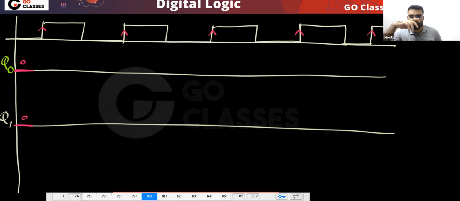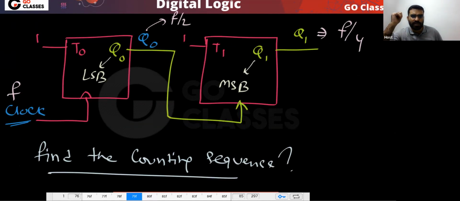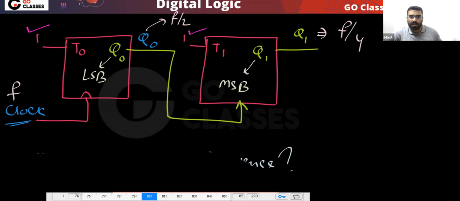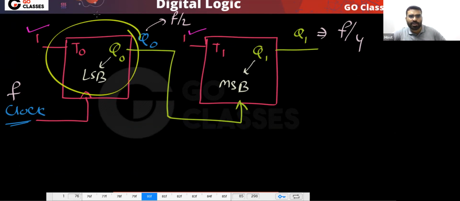But tell me, when will Q0 change? Remember T0 is connected to 1 and T1 is connected to 1. One interesting thing you can notice is that this is directly connected to the clock.